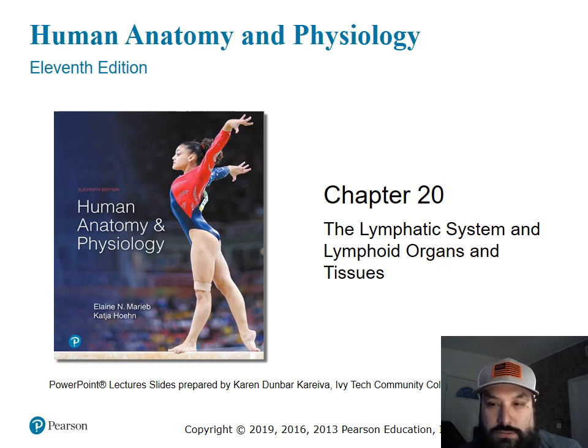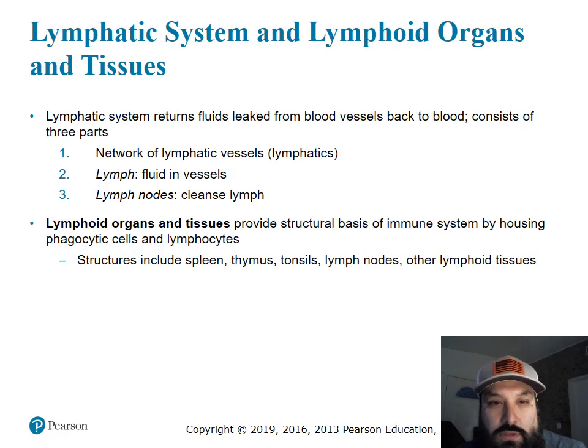Okay, so here's chapter 20, where we'll be talking about the lymphatic system. That also includes the lymphoid organs and the tissues. So that's all encompassing as far as one system there. So here's our lymphatic system, and these are its functions. The lymphatic system's main function is to return fluids leaked from the blood vessels back to the blood, and it's got three parts here.